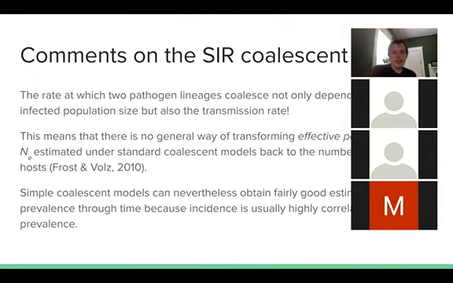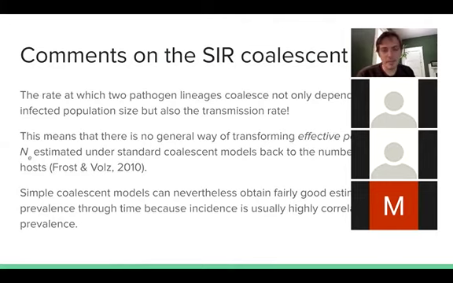So this brings up a couple of interesting points about the coalescent model for these SIR type models. The rate at which two lineages coalesce is no longer just dependent on the infected population size or the prevalence, but also depends on the transmission rate in the population.